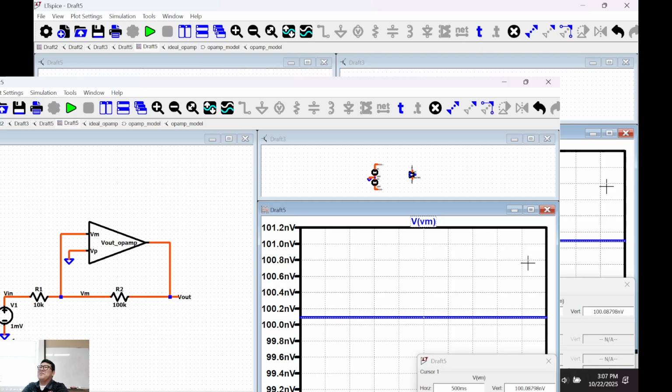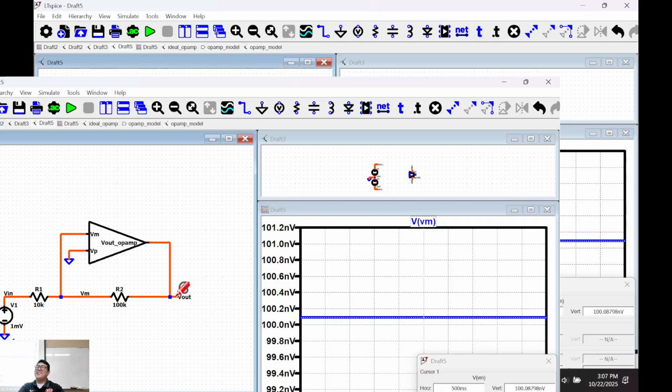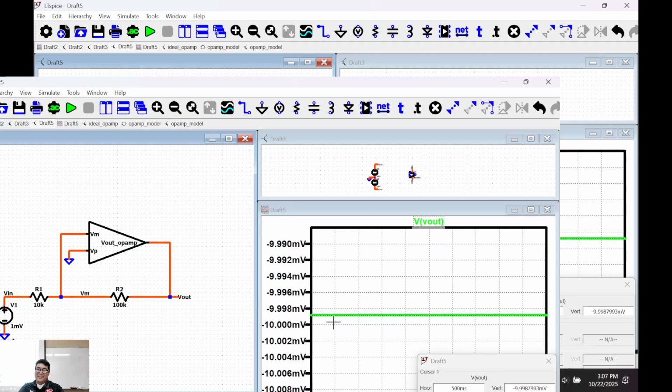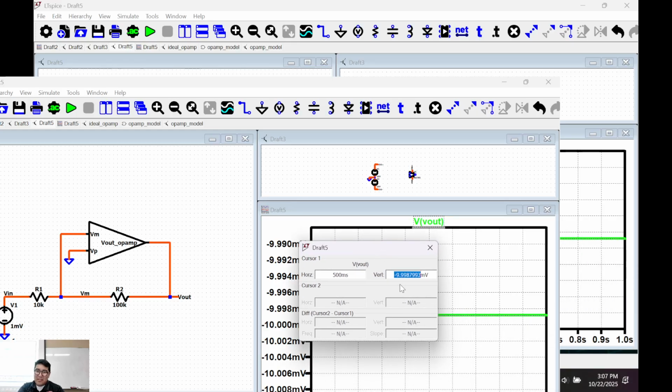Who solved this problem already? You got 100 nanovolts? What did you get for Vout? About minus 9.9999 millivolts. So practically minus 10 millivolts.